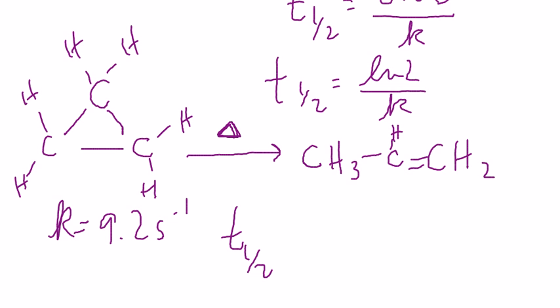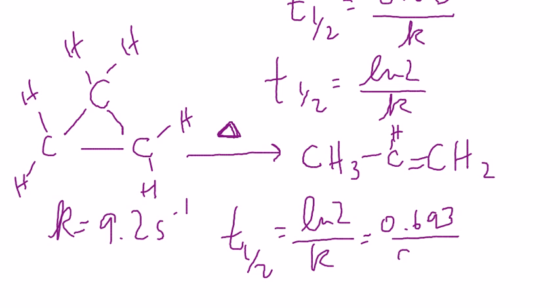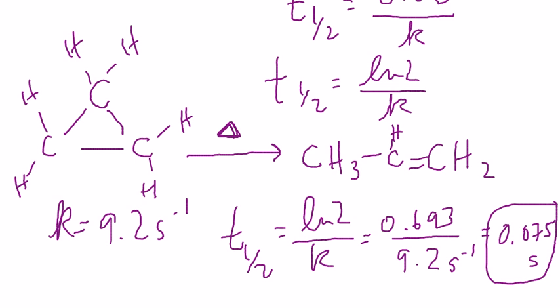T1/2 is equal to the ln of 2 over our value of k, and that's equal to 0.693 over our rate constant of 9.2 seconds to the minus 1, giving us 0.075 seconds. So as long as you have the rate constant, you can easily determine the half-life.